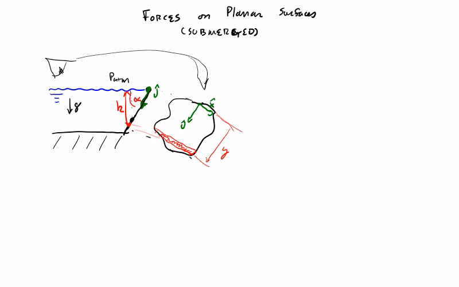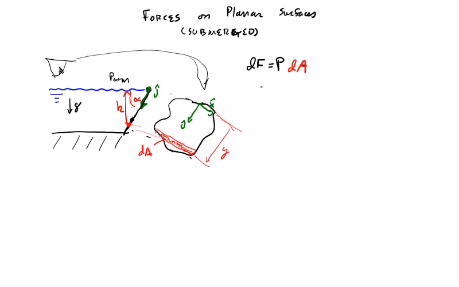So if I was to ask you, what is the force dF, the little bit of force on this little area, you would say, well, assuming hydrostatic conditions, there's some pressure at that area, times the area itself, which we'll call dA. So there would be this pressure times dA. Now, what's that pressure?